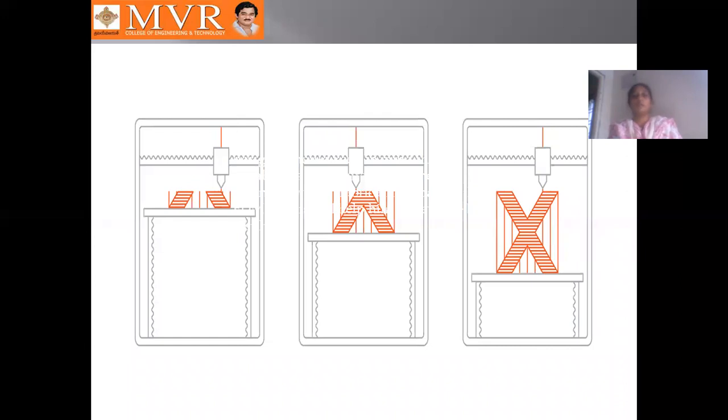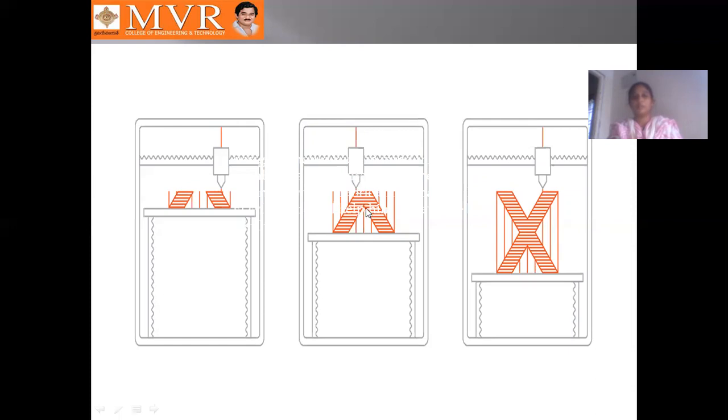If you see in this diagram, the extrusion part of the material will be slightly extruded through these materials. In the next diagram, the material is extruded with a cone shape, a needle shape.